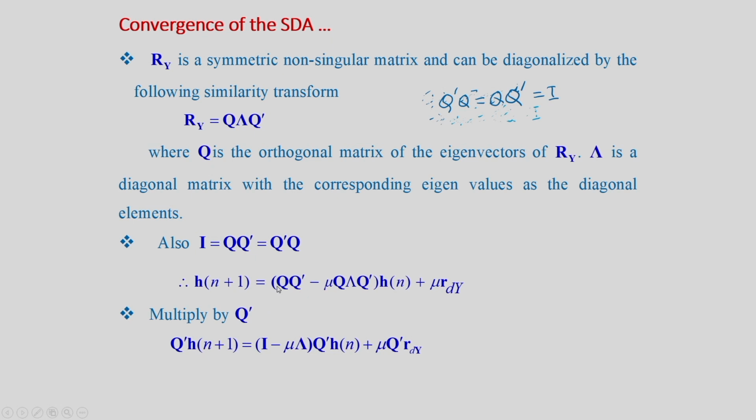Now, here Q transpose into Q will be equal to I, and here Q transpose into Q will be equal to again I. Because of that we can take this Q transpose as common, and what we will have on the right hand side is I minus mu times lambda into Q transpose Hn plus mu times Q transpose R dy. So, this relationship we get by multiplying Q transpose on both sides.